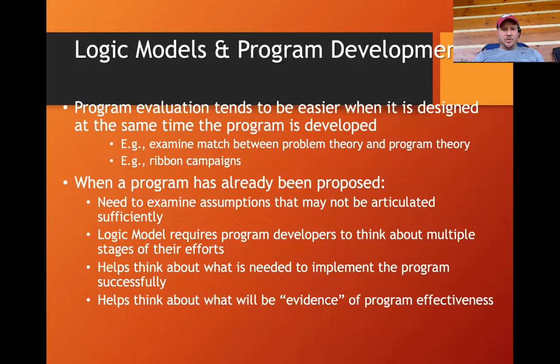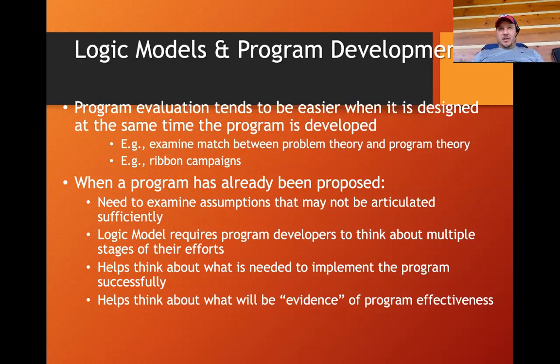And so the things you need to keep in mind here are the match between the problem theory and the program theory, and how you're going to measure that problem based on the program. I'm going to skip the part about ribbon campaigns as an example, and we'll talk about some examples in a minute.